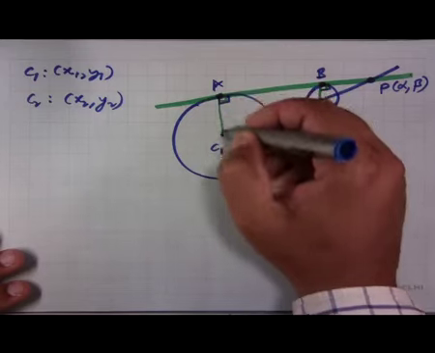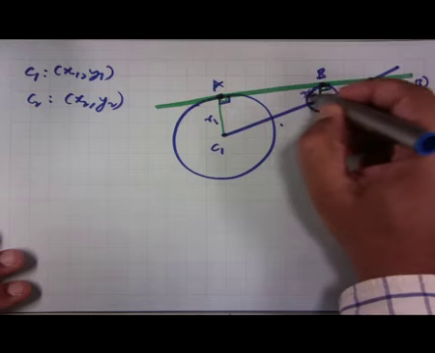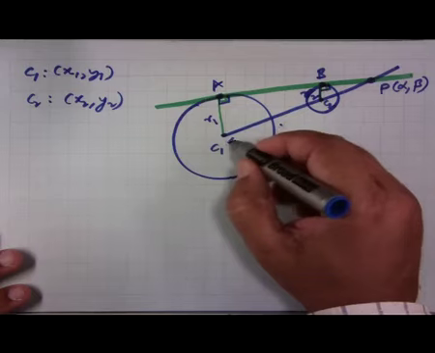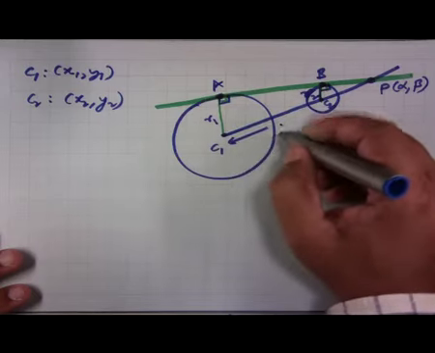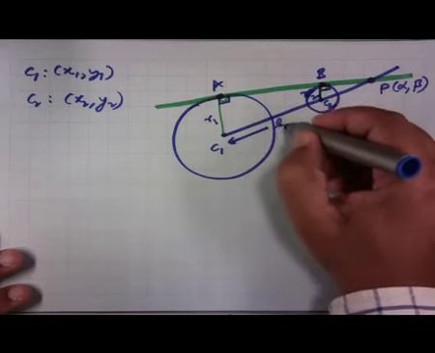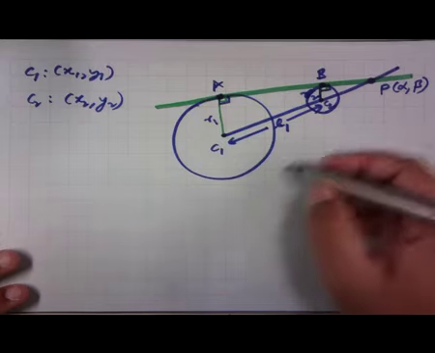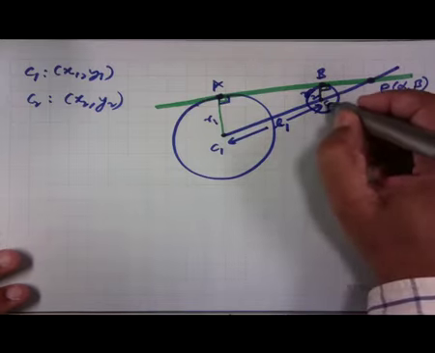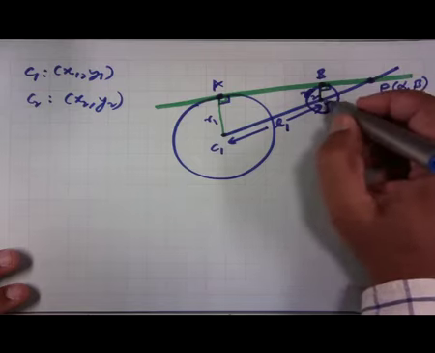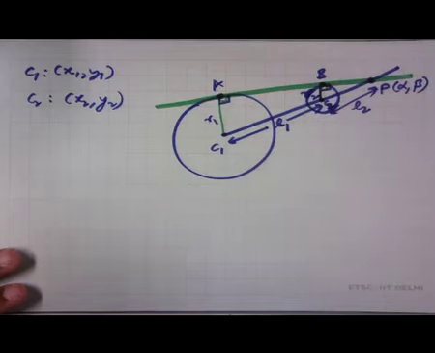So, now this is R1 and this is R2. Now, let the distance between the two centers of the circle be denoted by L1, and let the distance between this point P and the center of the second circle C2 be L2.